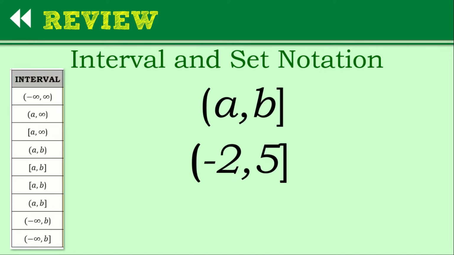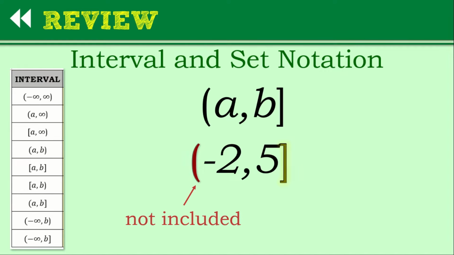So what do you mean by this? When you see this symbol, which is a rounded bracket, for the parenthesis, it means that the first number, which in this case is -2, is not included in our solution set.